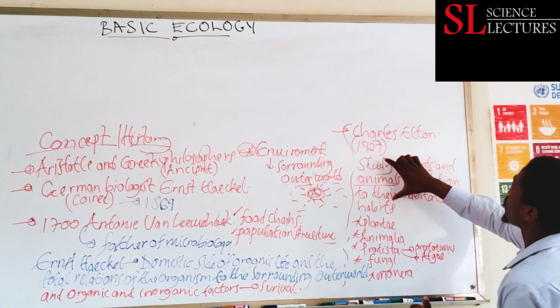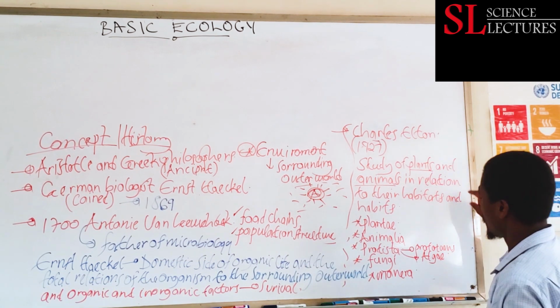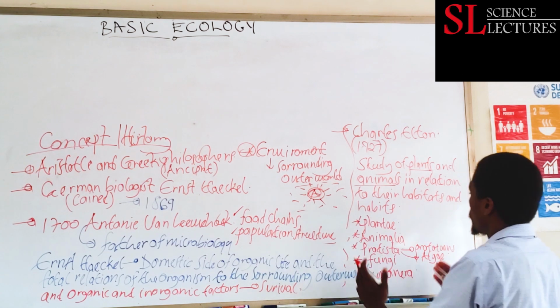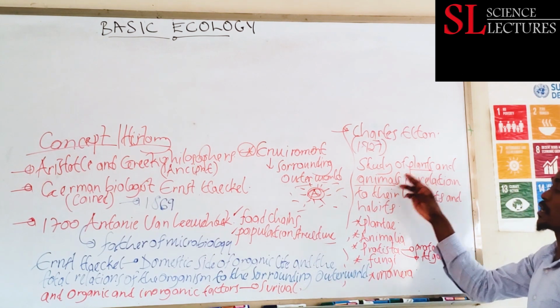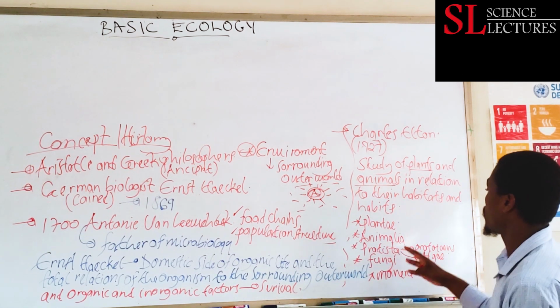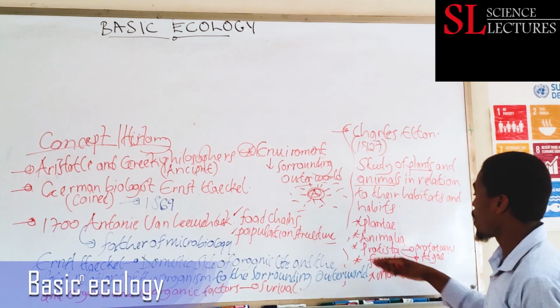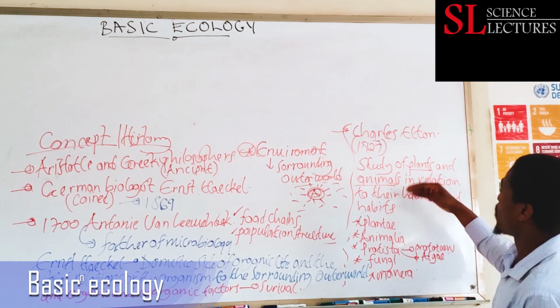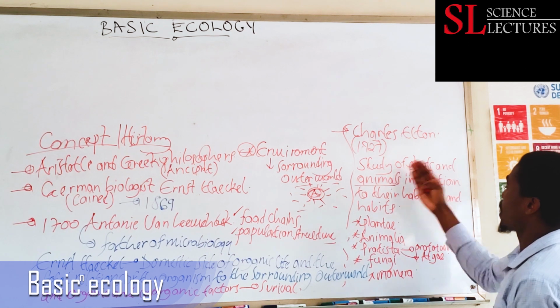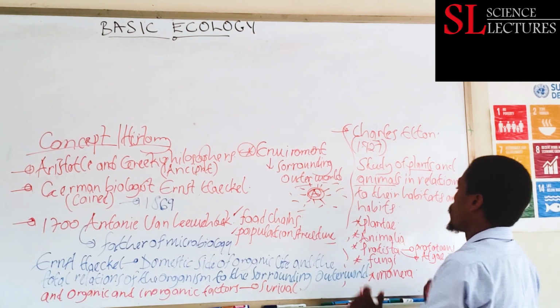So according to Charles Elton, he was looking at the broader thing as all of them being plants and animals. However, current research shows us that we have 5 kingdoms of life, but Charles Elton referred to plants and animals as incorporating all the kingdoms.